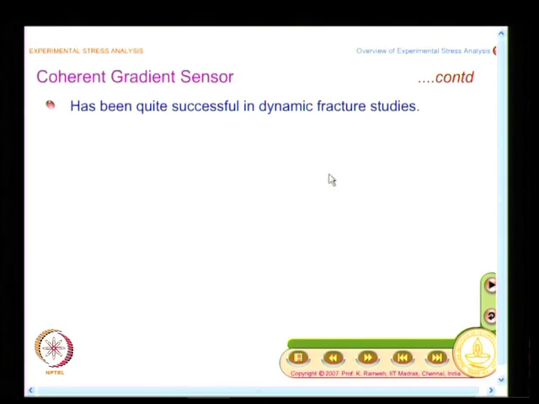One is to perform experiments separately, then process the information. And once you decide that these are the two pieces of information I want, people also devise new equipments wherein they could either simultaneously record or record one after another with the same optical arrangement, with modification of what you want to insert. Such a development has also been seen in combining the method of caustics and coherent gradient sensor. Such information is available in the literature.